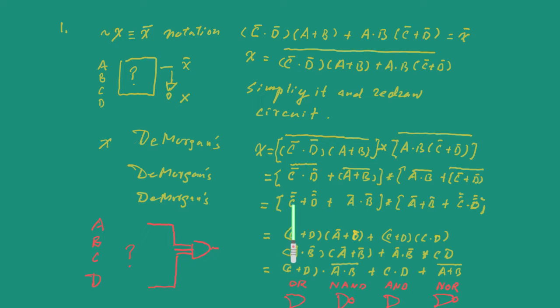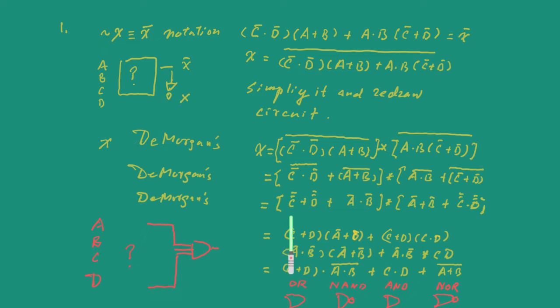Then you go one step further. So not, this product becomes OR, again De Morgan's law, C not, D not. Then obviously they become C and D, and this one, De Morgan's law, OR becomes AND. So then not, and it's AND becomes OR becomes AND.